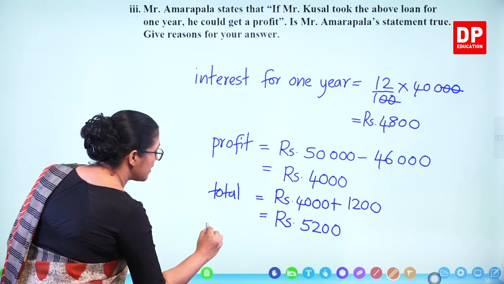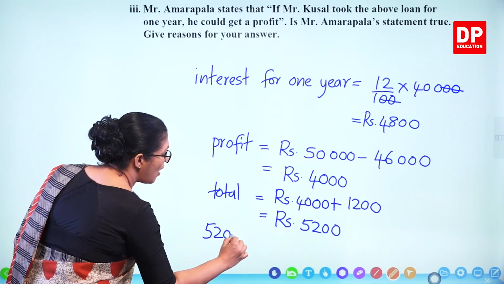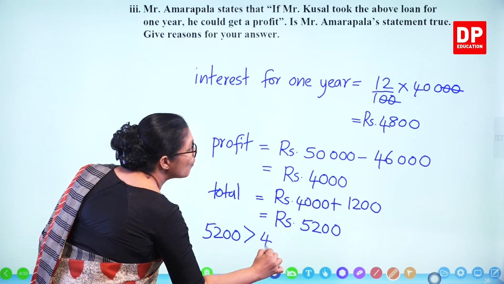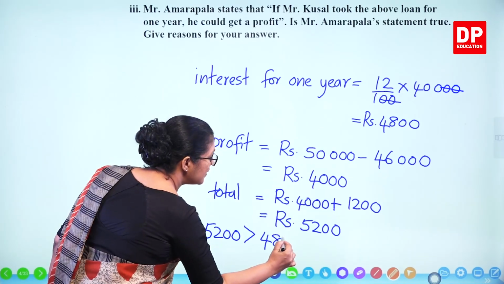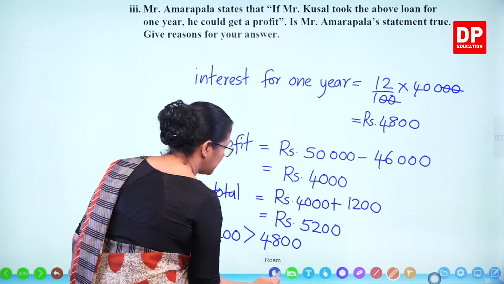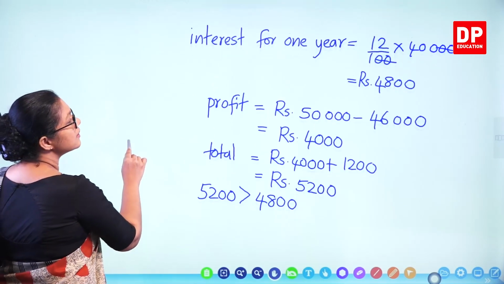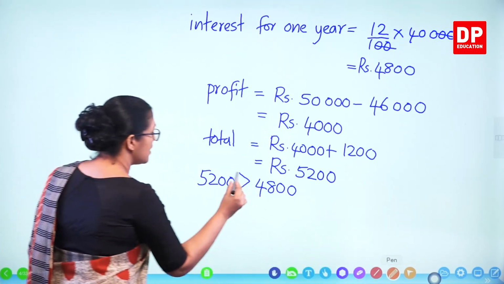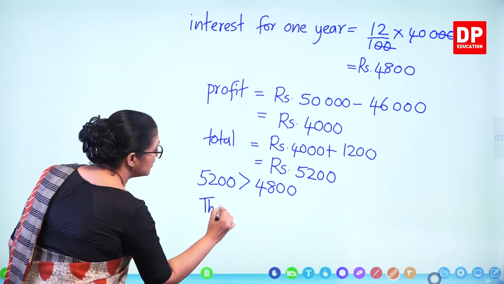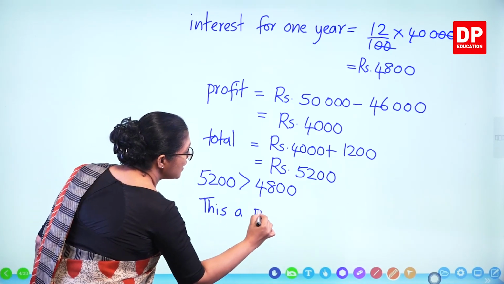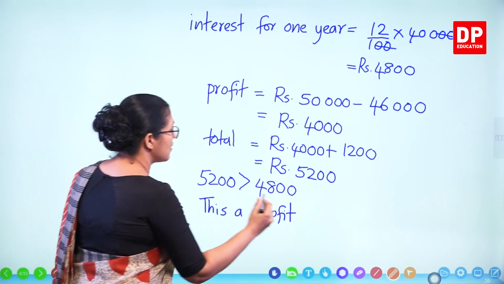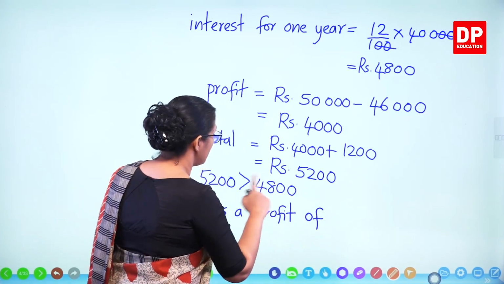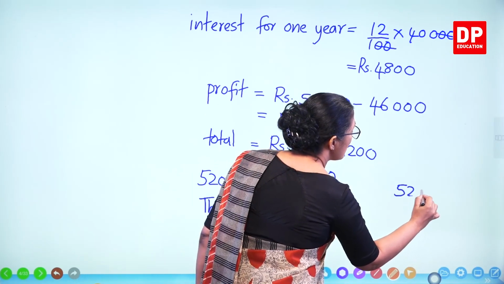So you can write 5,200 is greater than 4,800. So this is a profit.